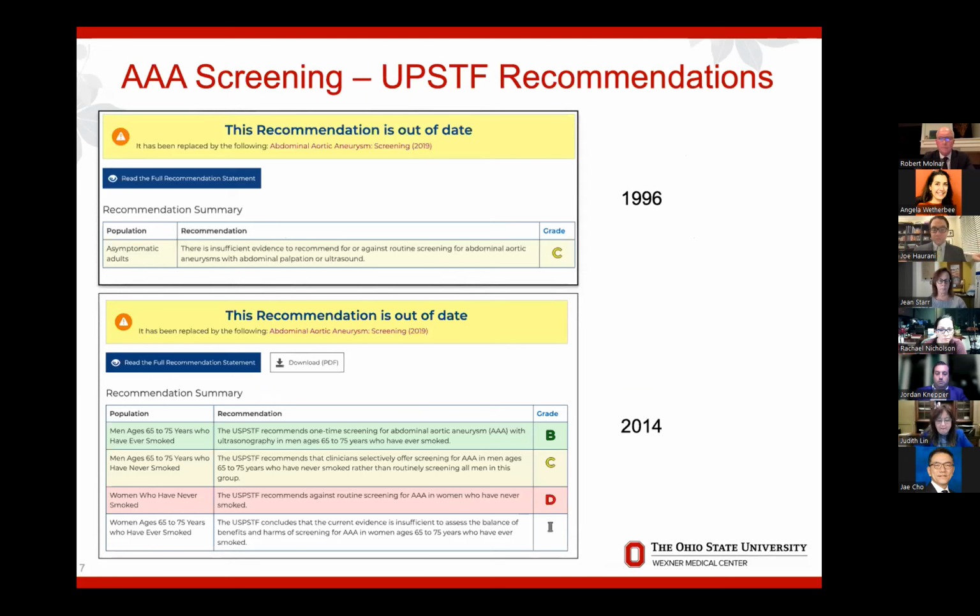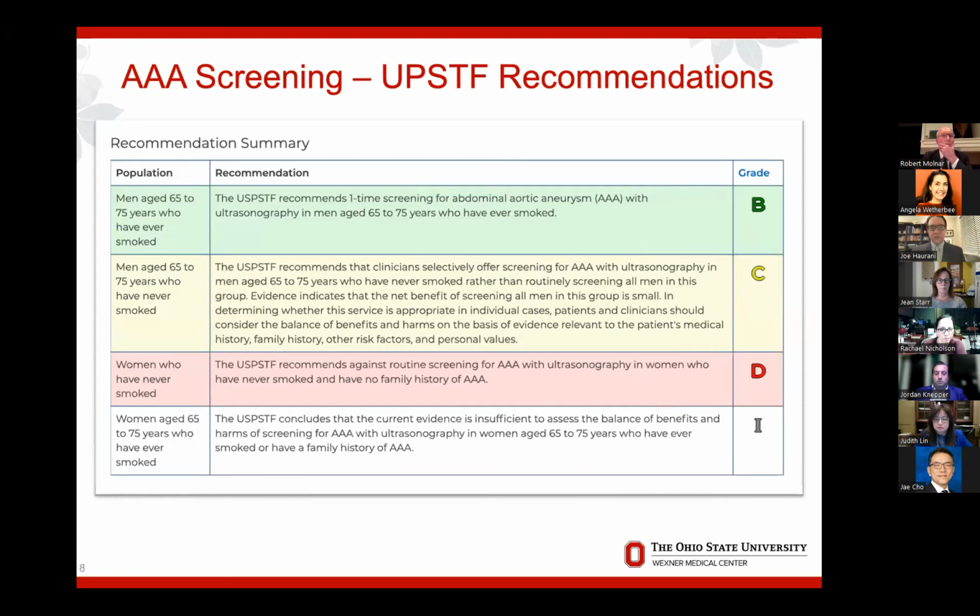They had a don't-screen recommendation for women who were never smokers, regardless of family history, and then insufficient data for women who were ever smokers. So you can see even as recent as 2014, still not a lot of robust recommendations for screening broadly, a pretty limited recommendation. This got revamped a little bit in the last couple of years.